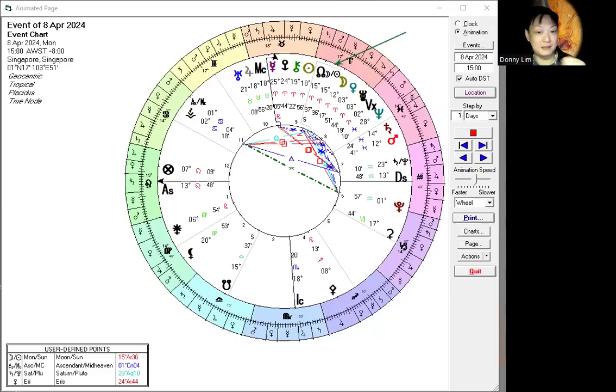11th from the 9th. 11th from the 9th can also be talking about one may be a member of an association for lawyers, or journalists, or priests and priestesses, because those are 9th house related stuff, or belonging to an association that's for clergymen.